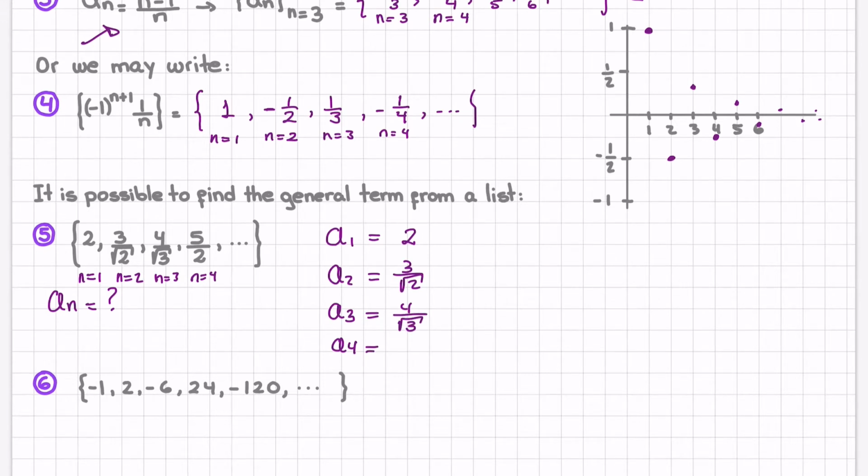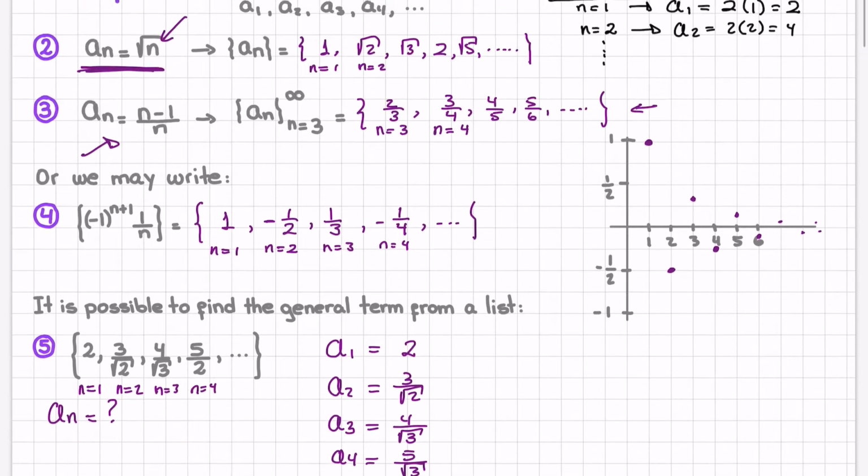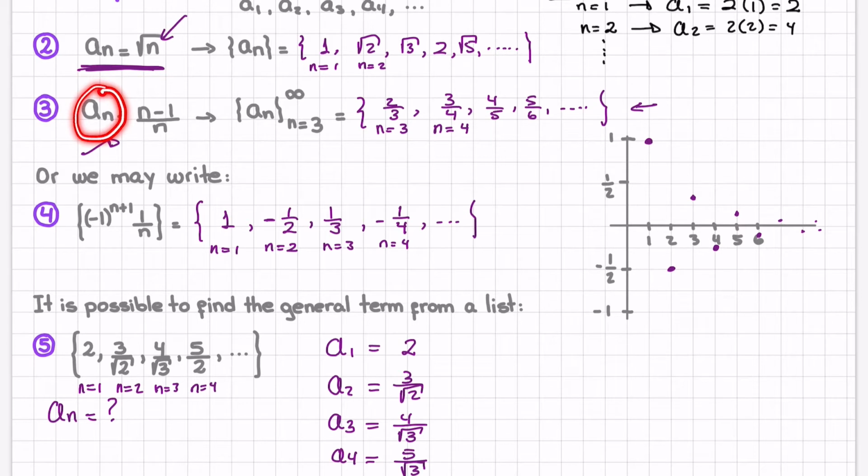I don't know if you can see already a pattern here. This is kind of easy to see. You're going to compare these numbers that you get here to the n, because you need to write this in terms of n, something depending on n. That's how you want to find the general term, right? For a_n, this is the formula.